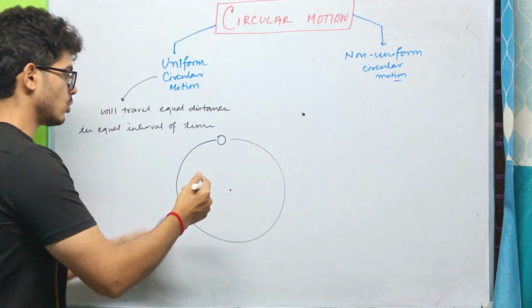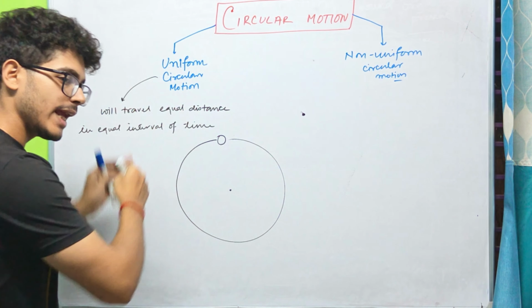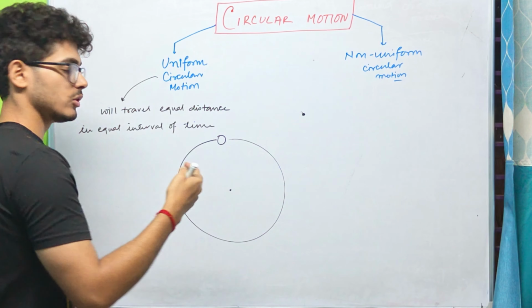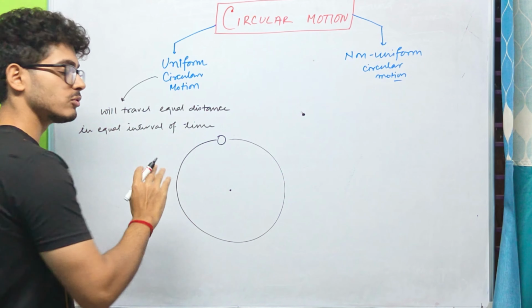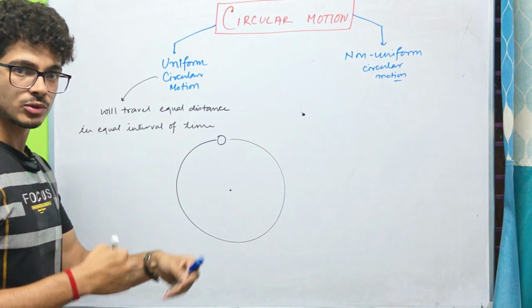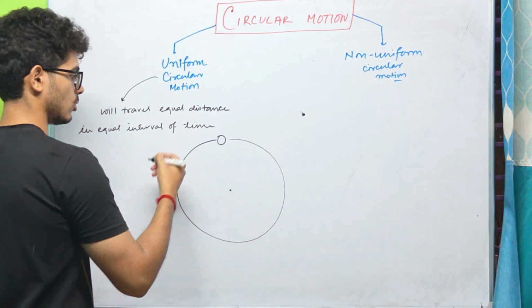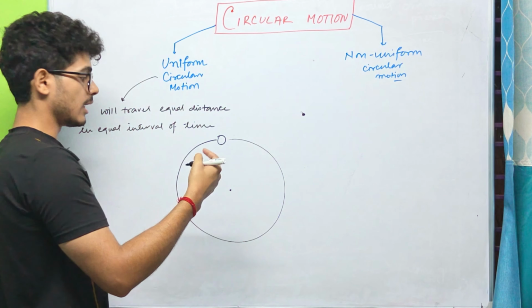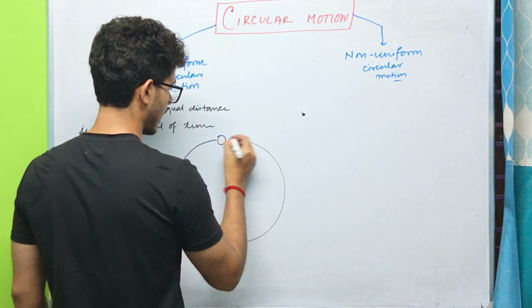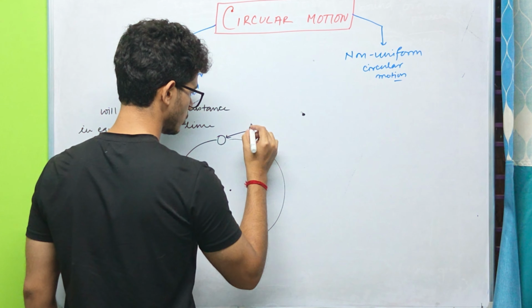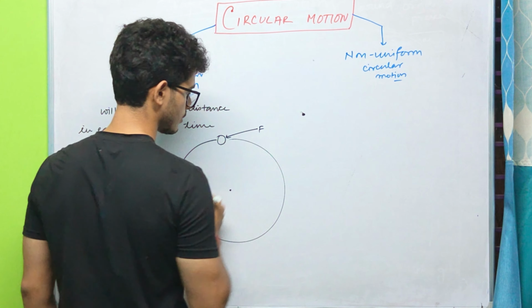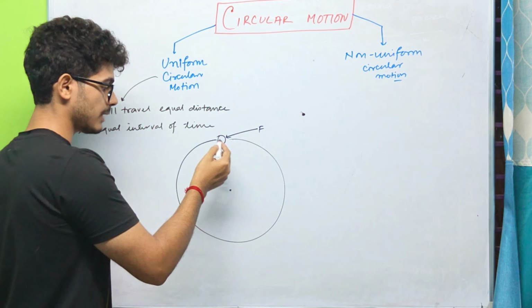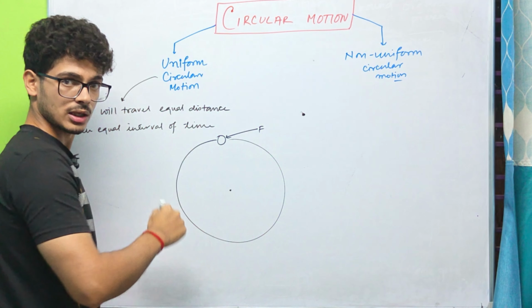Okay, so to move a particle in any path, we already know that we should impart some force into the particle so that it will possess some motion. So definitely the circular motion, the object moving is also imparted by some force that is acting on the object, and it is making it follow the circular path.